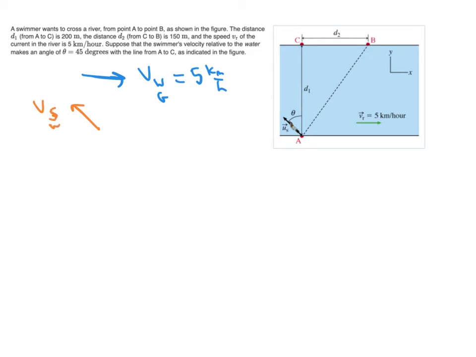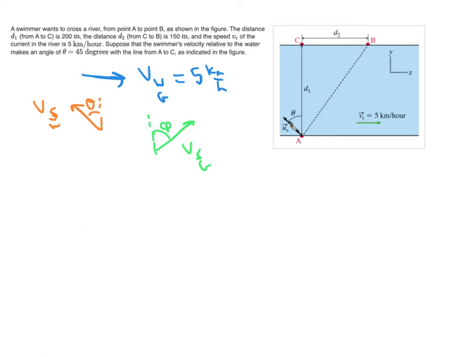We don't know its magnitude, but we do know the angle. And then we'll have finally the velocity of the swimmer relative to the ground. Also, we don't know how much, and we don't have this angle, although we'll be able to find it.